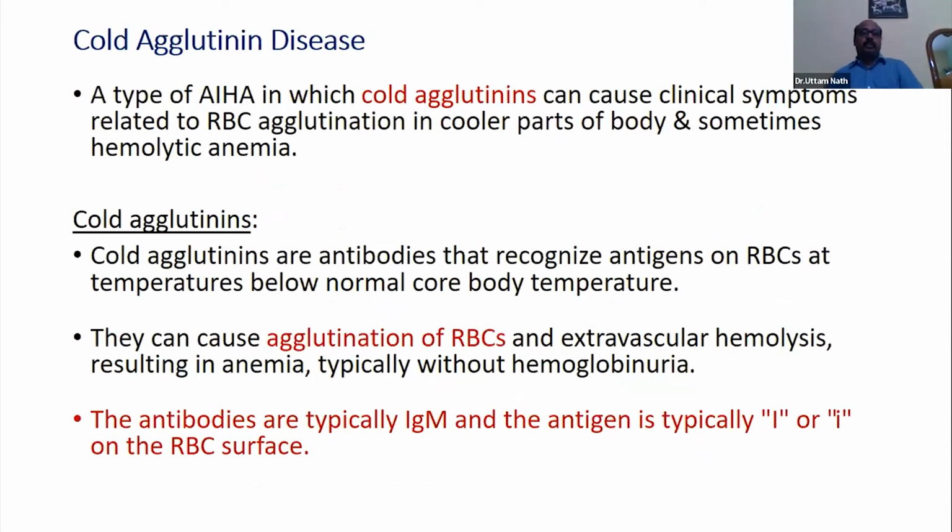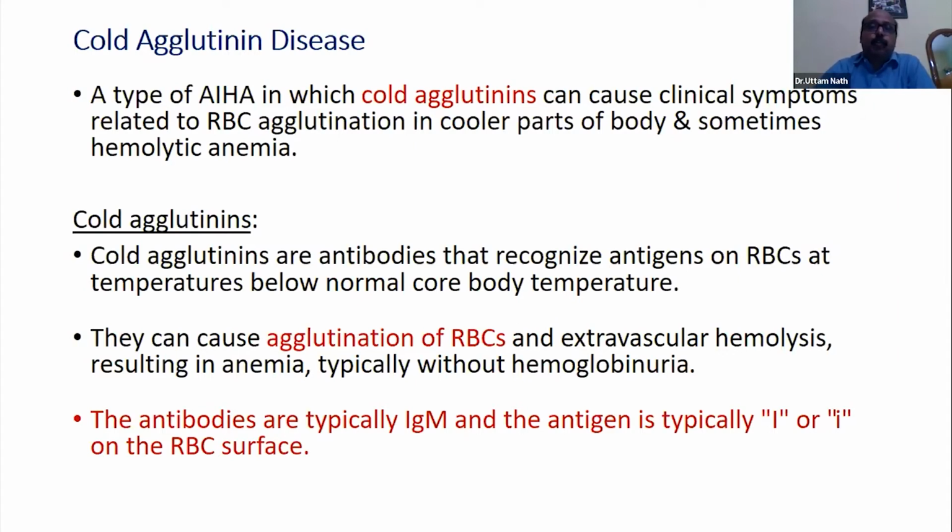Coming to cold agglutinin disease, it can be very mild, it can be subclinical, it can be severe or even life-threatening. Here the antibodies usually bind to the RBCs when they are circulating in the peripheral circulation, like in the cutaneous vessels.